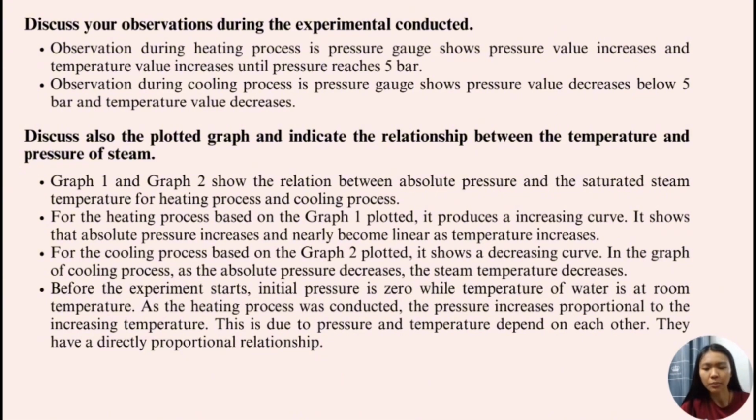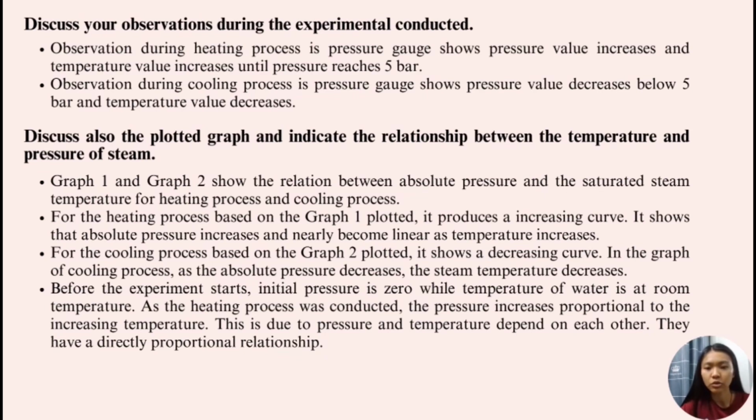Observation during the heating process is the pressure gauge shows pressure value increases and temperature value increases until pressure reaches 5 bar. Observation during the cooling process is the pressure gauge shows pressure value decreases below 5 bar and temperature value decreases.